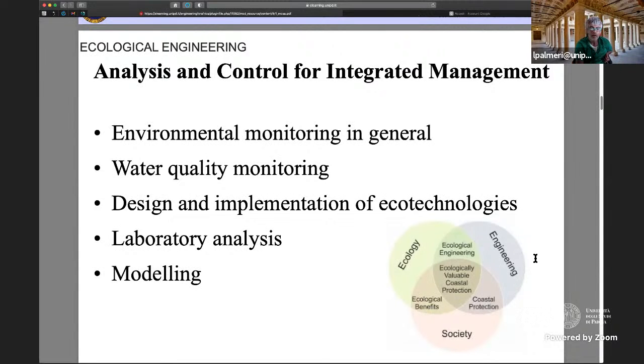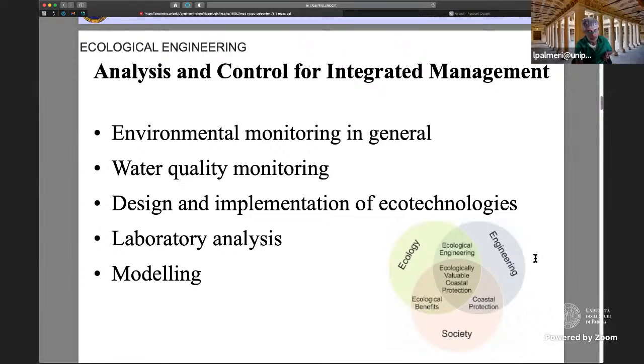Then, from a practical point of view, the ecological engineer will deal with designing and implementation of various ecological technologies, or eco-technologies. For example, a wetland system for water purification is an eco-technology.